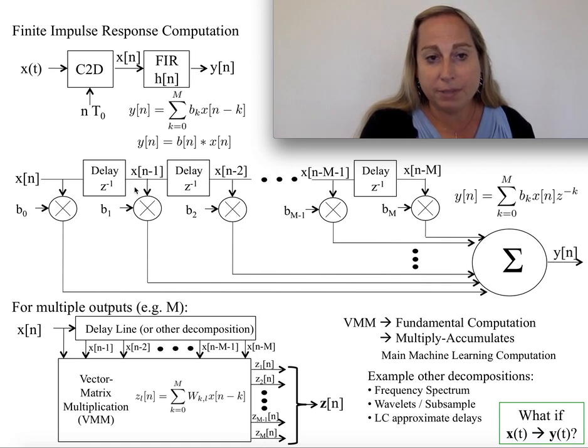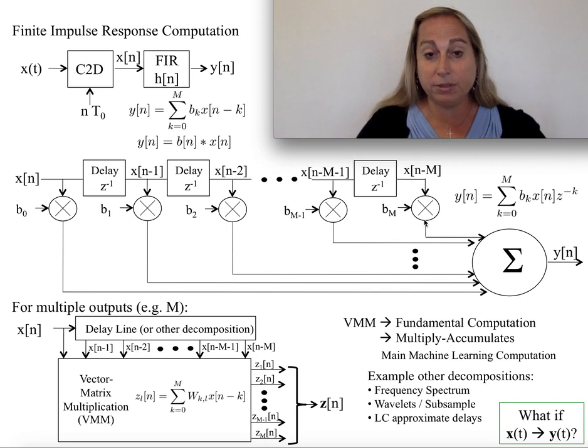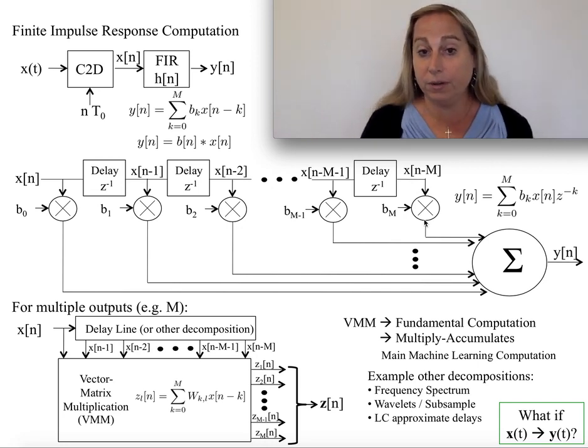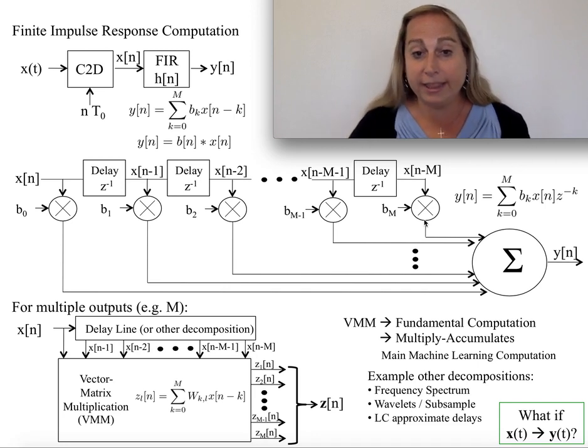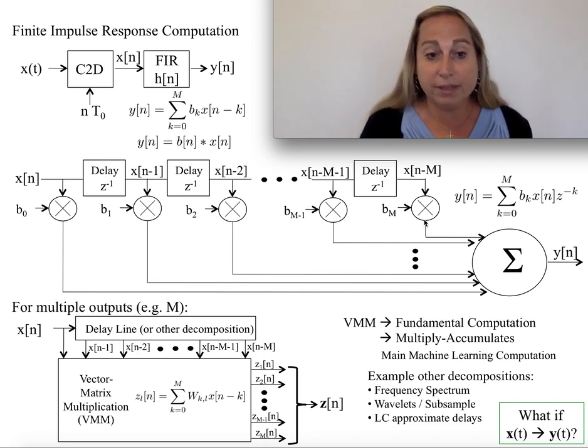I might keep the delay for everybody, but then I need to multiply that vector against a whole set of vectors of coefficients and then add that together. Well, if you think about that for a moment, that's actually multiplying a vector times a matrix.